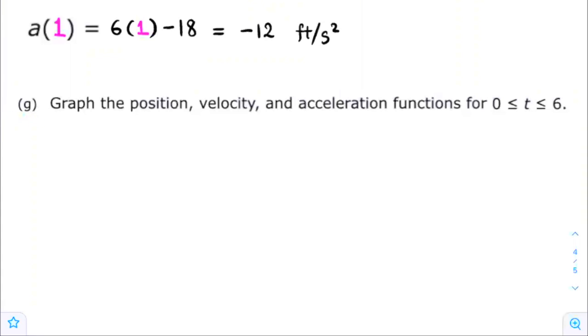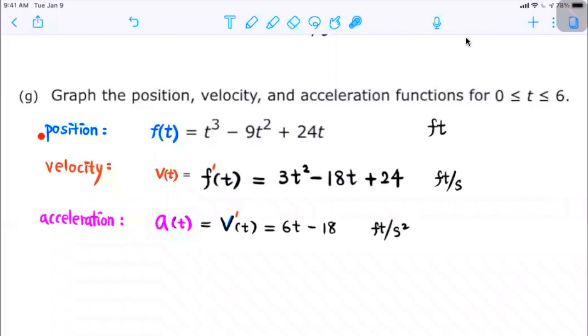Part G. Graph the position, velocity, and acceleration functions for t greater than or equal to 0 and less than or equal to 6. We were given the position function over here, and we found the velocity function and the acceleration function.